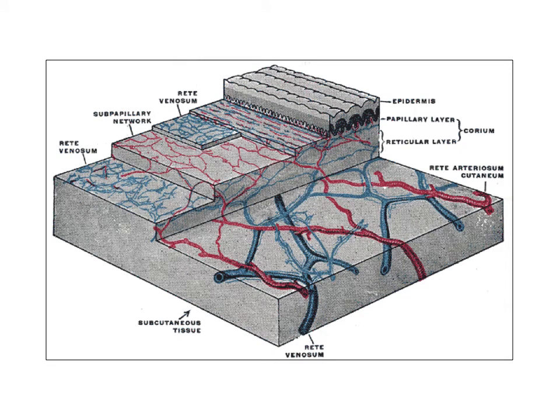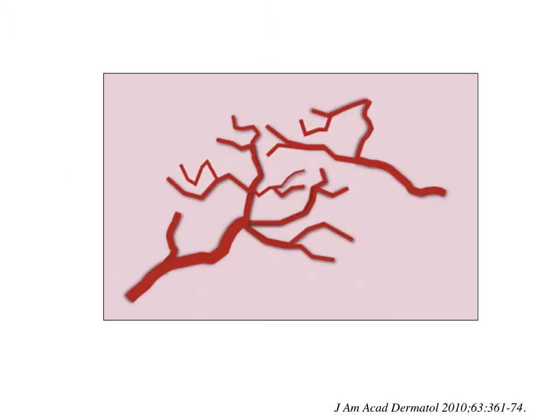The other type of vessel that is observed in squamous cell carcinoma are the enlarged vessels of the subpapillary horizontal plexus. These vessels that are pushed up by the dermal tumor produce arborizing vessels. It is classical to say that these arborizing vessels are observed in basal cell carcinoma, but this is not true.